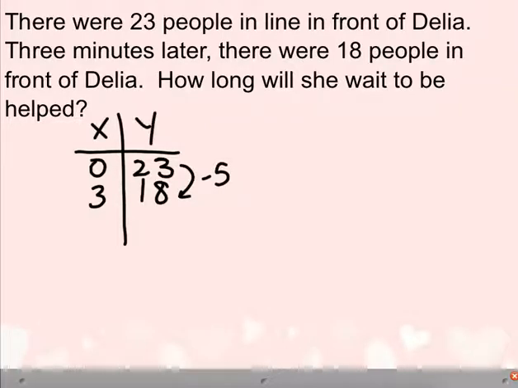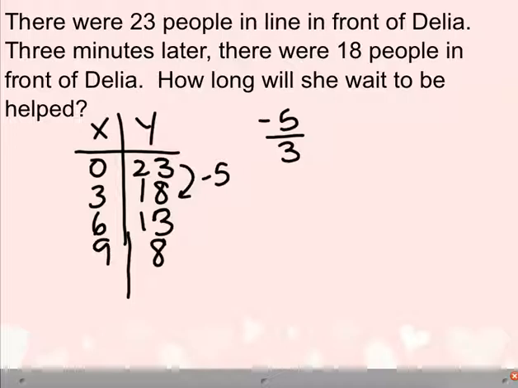So if we take that constant and do minus 5 over 3, looking at how much we are changing, we can say maybe we can continue this pattern and say for 13 people, she'll have to wait a full 6 minutes. For 8 people, that'll be 9 minutes, and so on.